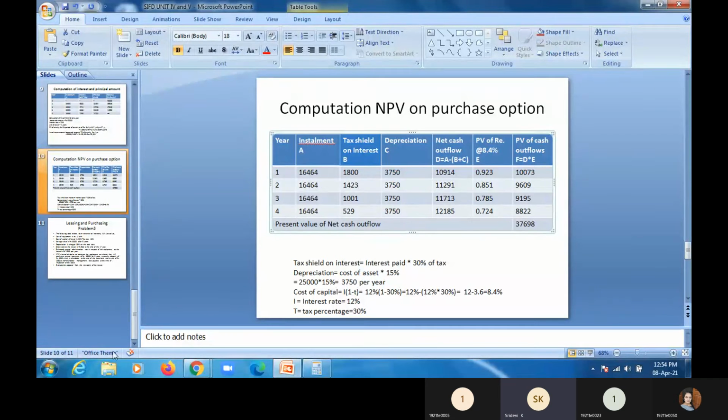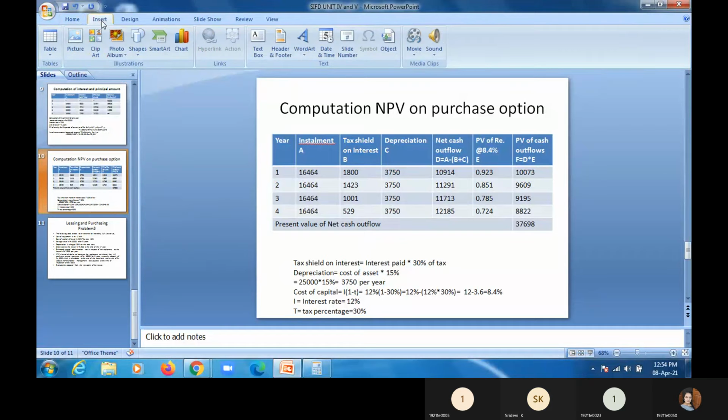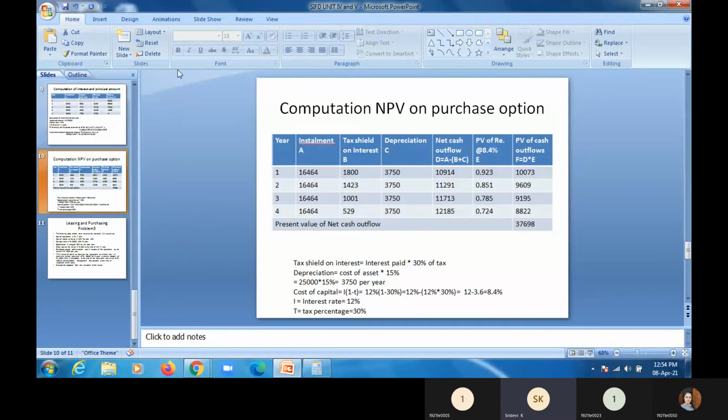In the same manner, go for calculating the leasing option. Shall I continue? I will give the column names and how to calculate. You calculate and then find out the final result. Okay.